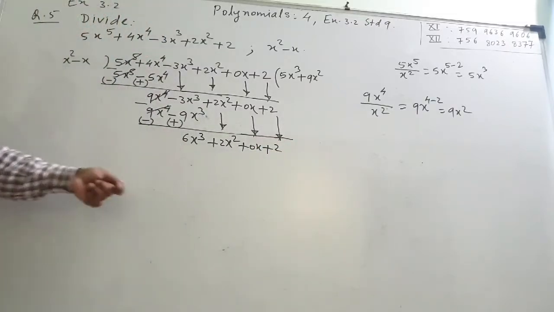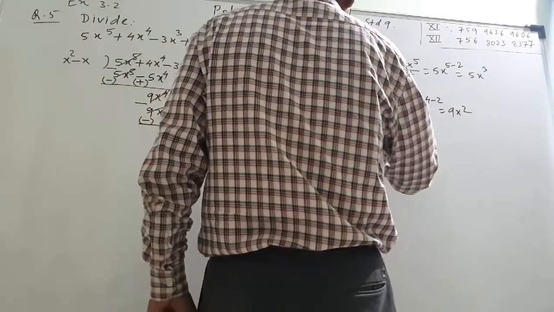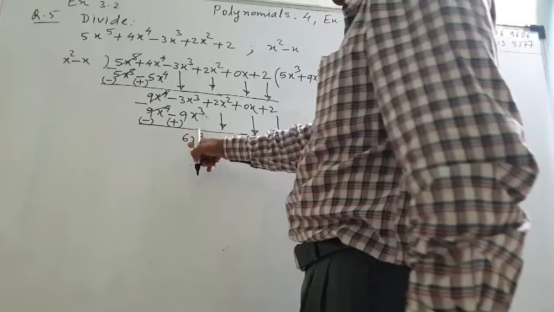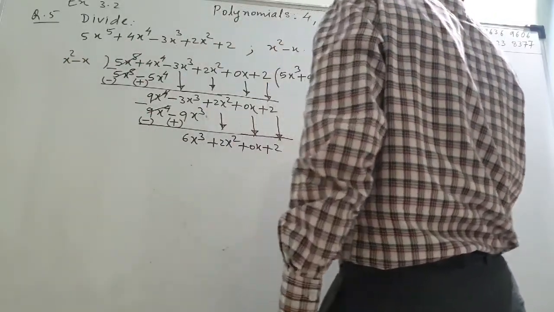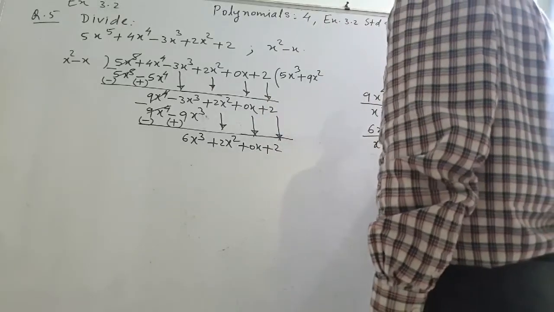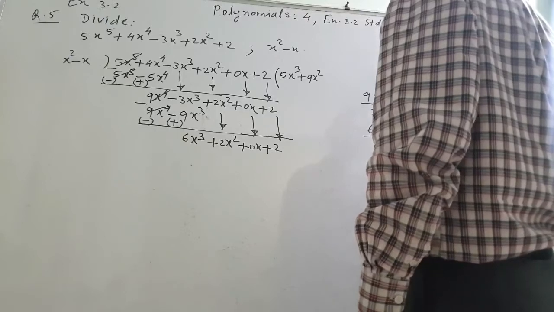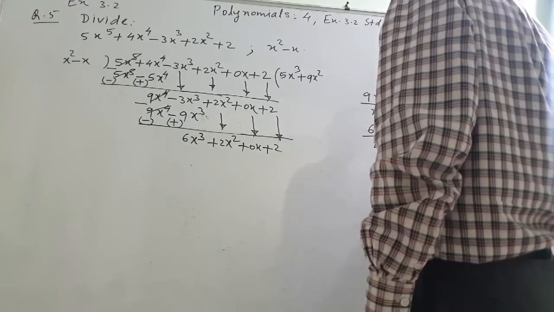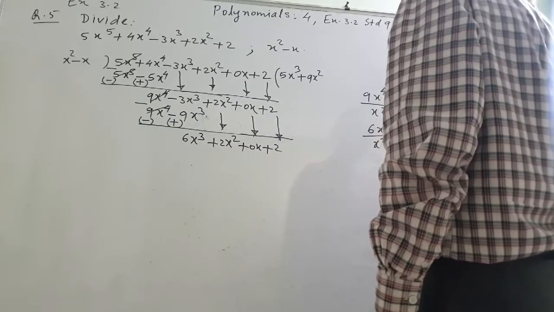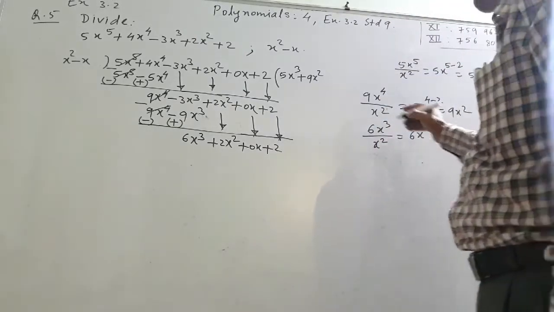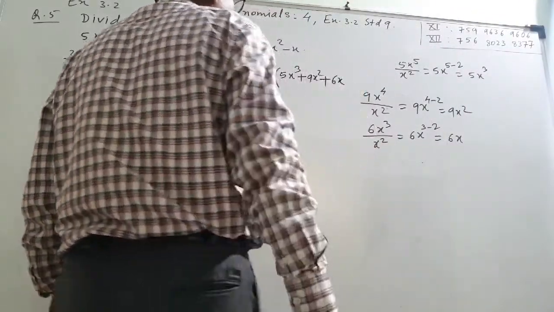Again the first of this and first of this. So here I will write 6x cube. This is the first. And here the first is x raised to 2. That is equal to 6. Division means subtraction of the indices. x raised to 3 minus 1, that is 3 minus 1, not 3 minus 2. And that is equal to 6x raised to 1. Not needed to write. This is plus, so plus 6x.